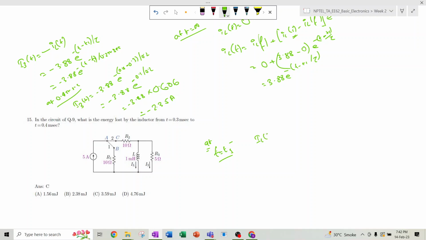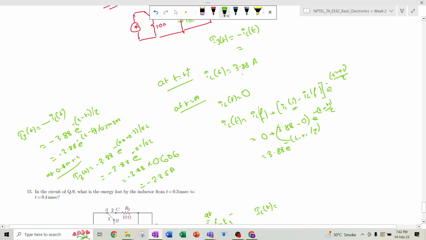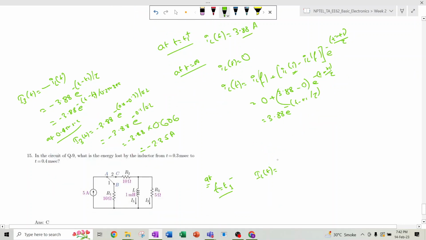The IL(t) value at t equal to t1 plus is 3.88 ampere, right?